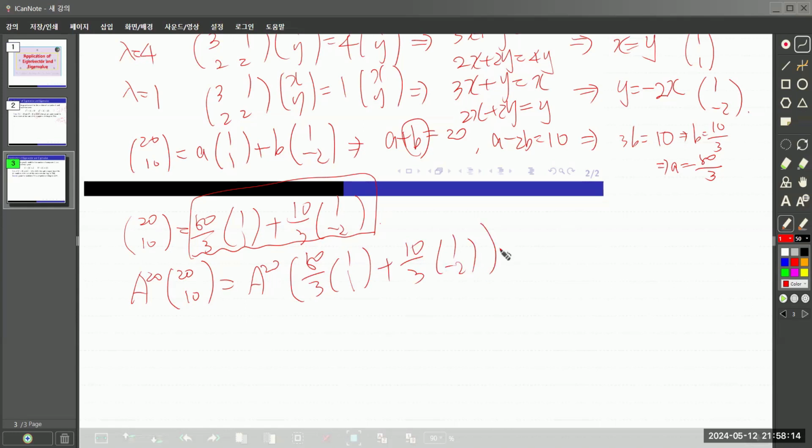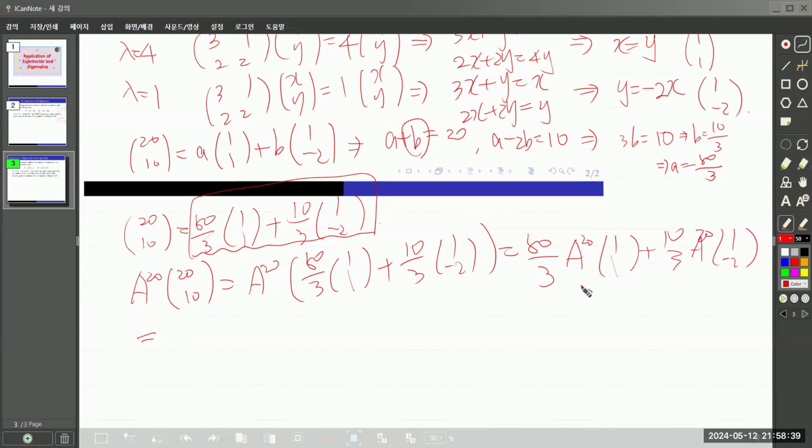Then you will have 50 over 3 times A to the 20 applied to (1, 1) plus 10 over 3 times A to the 20 applied to (1, negative 2). If you use eigenvectors, then you don't need to compute A to the 20, which takes a long time.